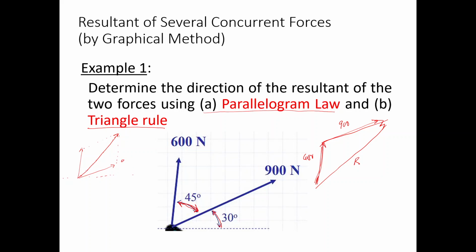This one is 900, this one is 600, this one is 30, this one is 45 degrees. When we want to solve this particular force system, this one is not a right triangle, so you're going to use cosine law.